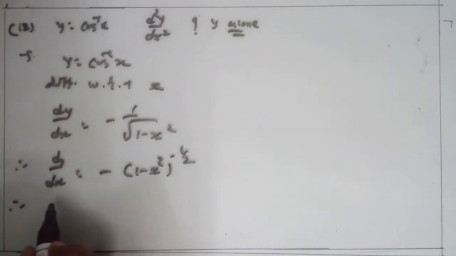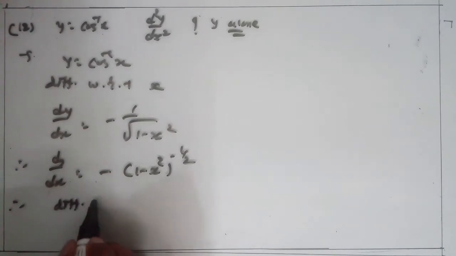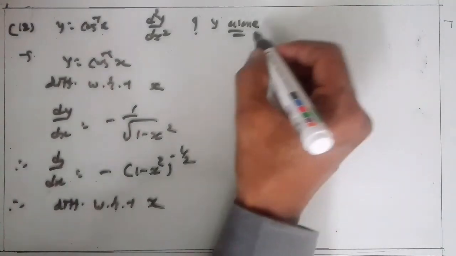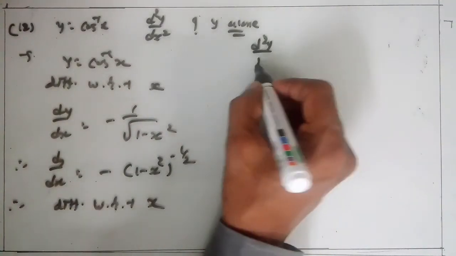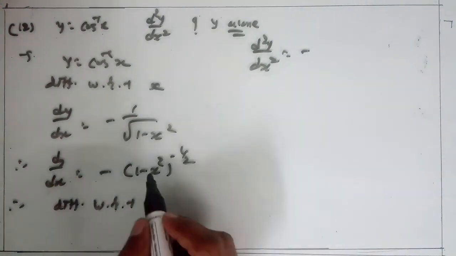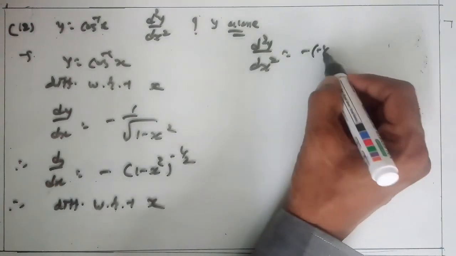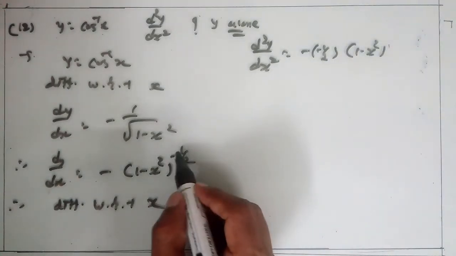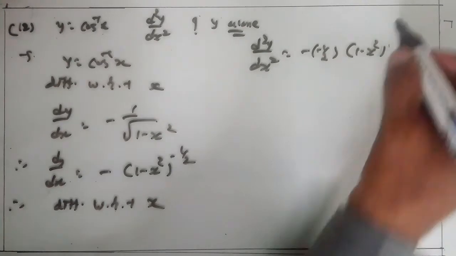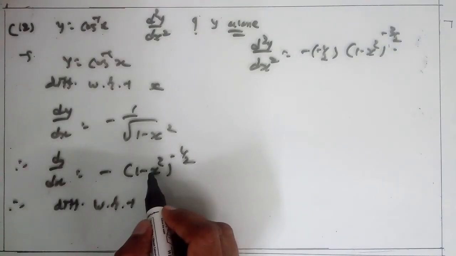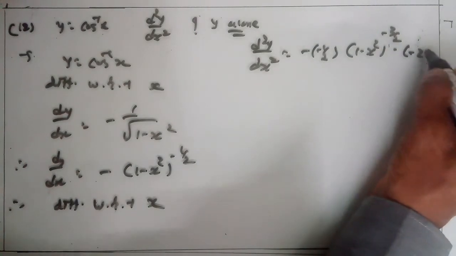Now to get the second derivative, differentiate with respect to x. We get d square y by dx square is equal to minus, the derivative of this is minus 1 by 2 into (1 minus x squared) raised to minus 1 by 2 minus 1, that is minus 3 by 2, into the derivative of this, which is minus 2x.